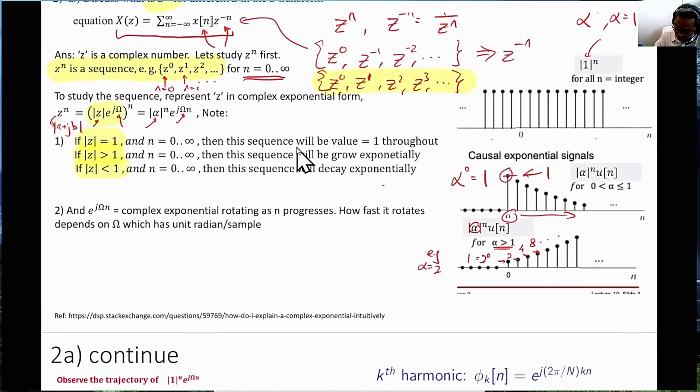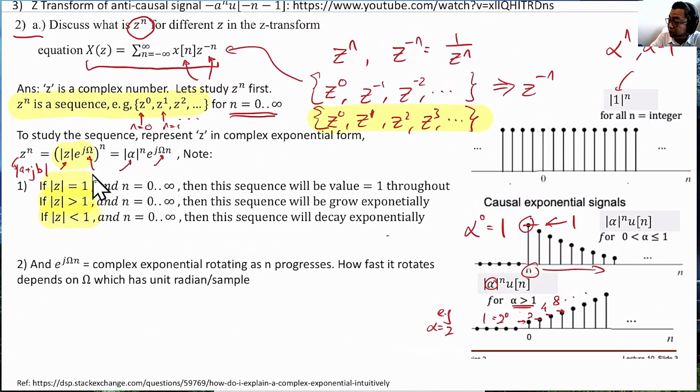Now, we understand the idea of the magnitude. Whenever we have magnitude equal to 1, the sequence value remains as 1 all the time. We haven't talked about the second part, the value of e^(j omega n), yet. But let's proceed: alpha greater than 1, it will grow, and alpha less than 1, it will decay.